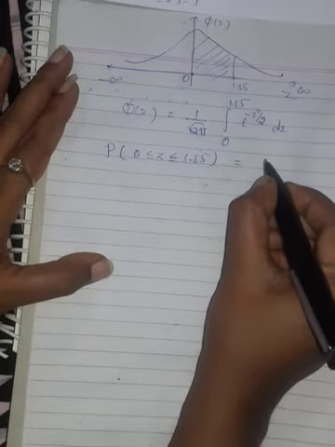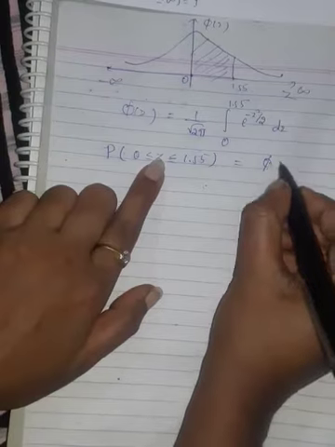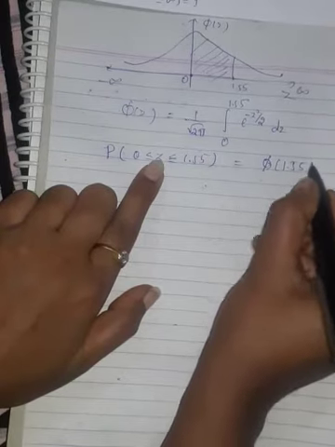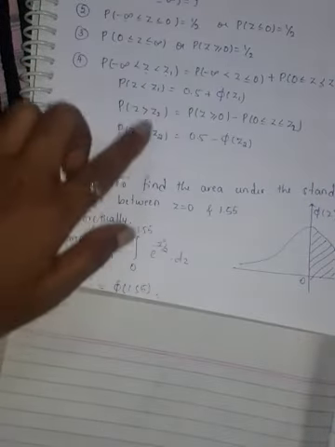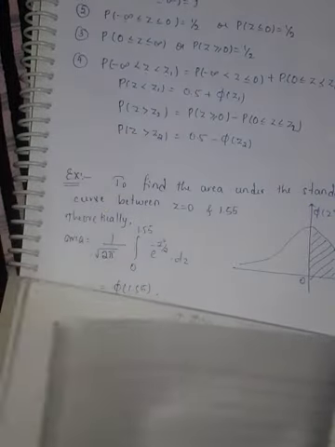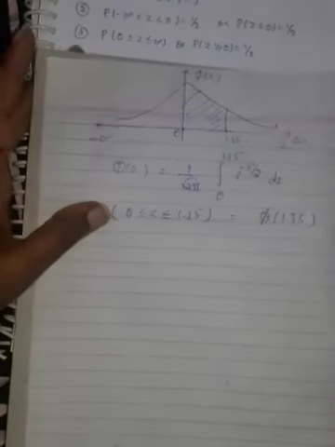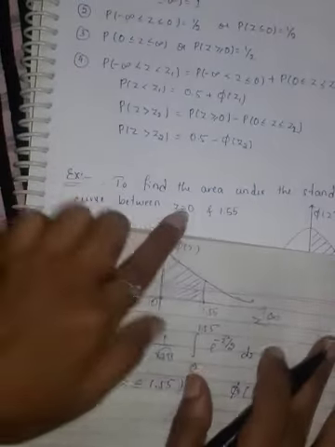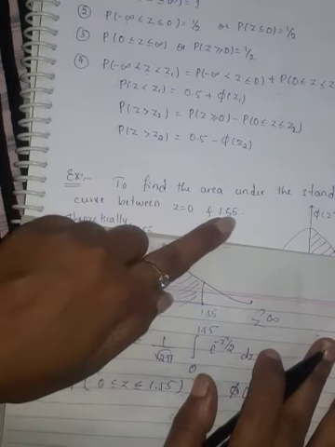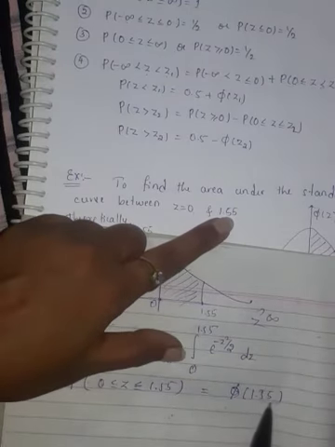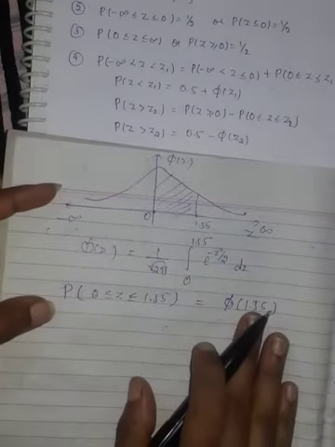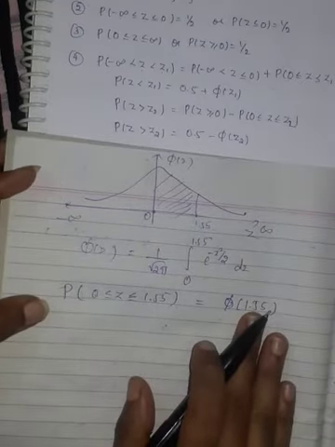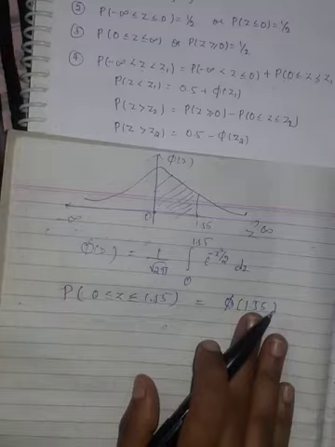From these results, the probability of 0 to 1.55 can be written as phi of 1.55. This can be found by using our normal distribution table.